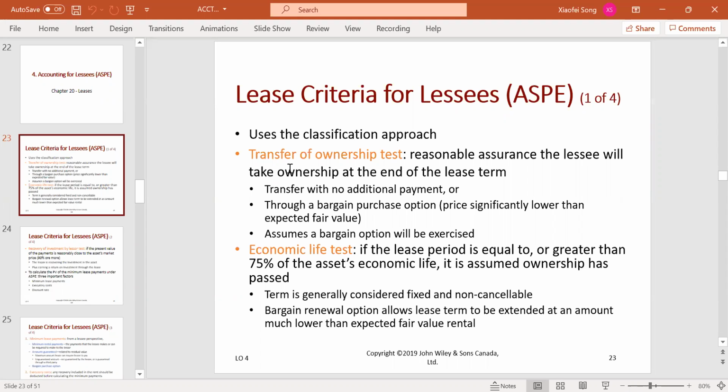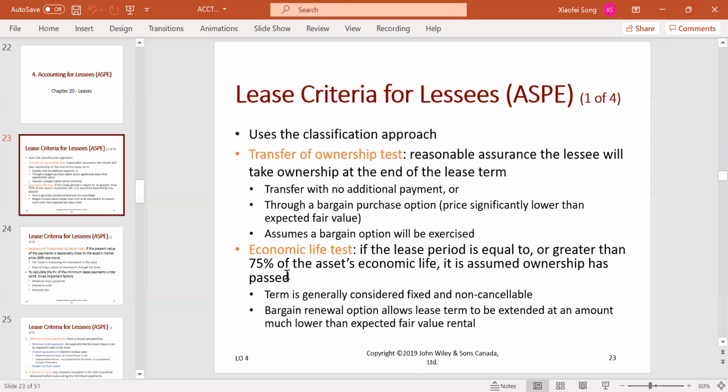So if there's a bargain purchase option, we consider that ownership will transfer. Then it will be a capital lease because it will be similar to an installment purchase. You make lease payments, by the end of it, you own it. If not, then it's operating lease.